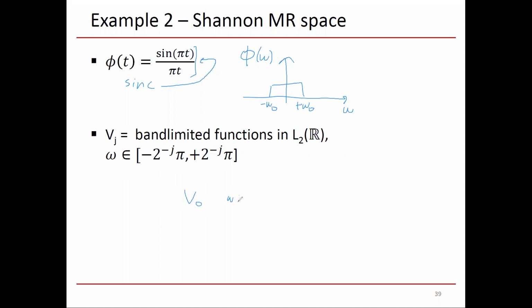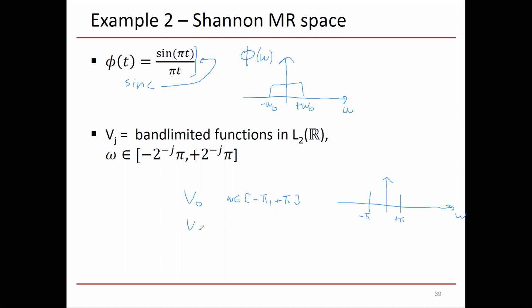V0, omega is band limited between, so 2 to the 0 is 1, so -pi and plus pi. And if we sketch it, the horizontal axis again will be omega, and somewhere inside the range between -pi and pi, we have information.